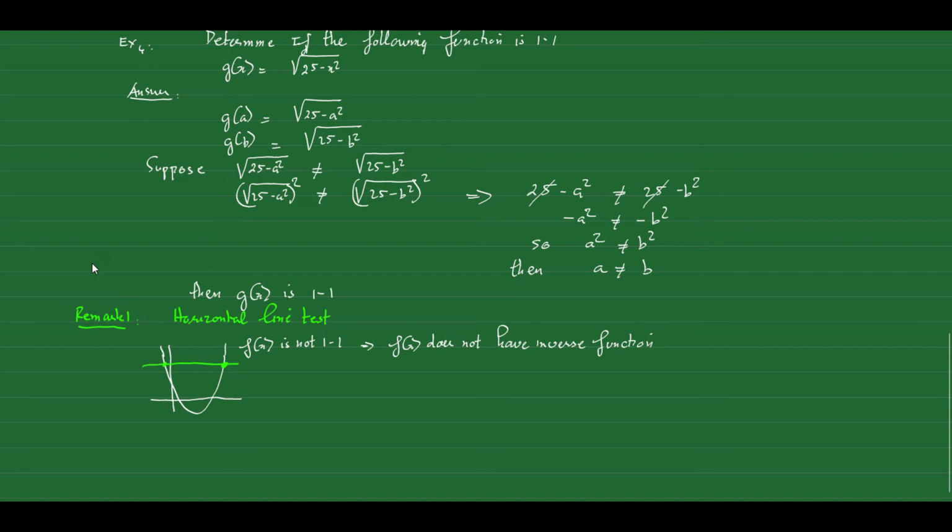So if they give you the sketch, one of the best ways to check if it is 1-to-1 is by using the horizontal line test. If it cuts at more than 1 point, it does not satisfy the horizontal line test.